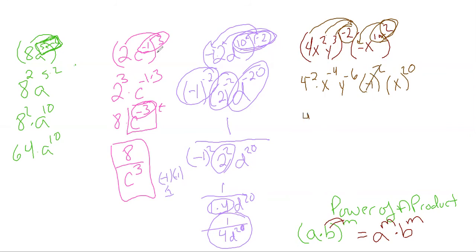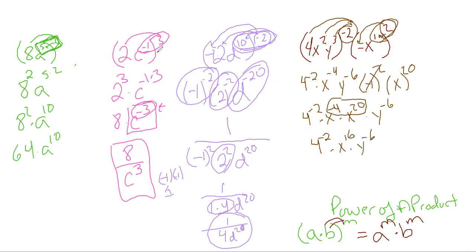And then I'm going to write 4 to the negative 2nd power times x to the negative 4th times, I'm going to move that x to the 20th next door to the negative 4th, times y to this negative 6. And why would I take that x to the negative 4 and move it to the x to the 20th? Because I've got the product rule. I can add these exponents together. So I have 4 to the negative 2 times x to the negative 4 plus 20 is 16 times y to the negative 6.